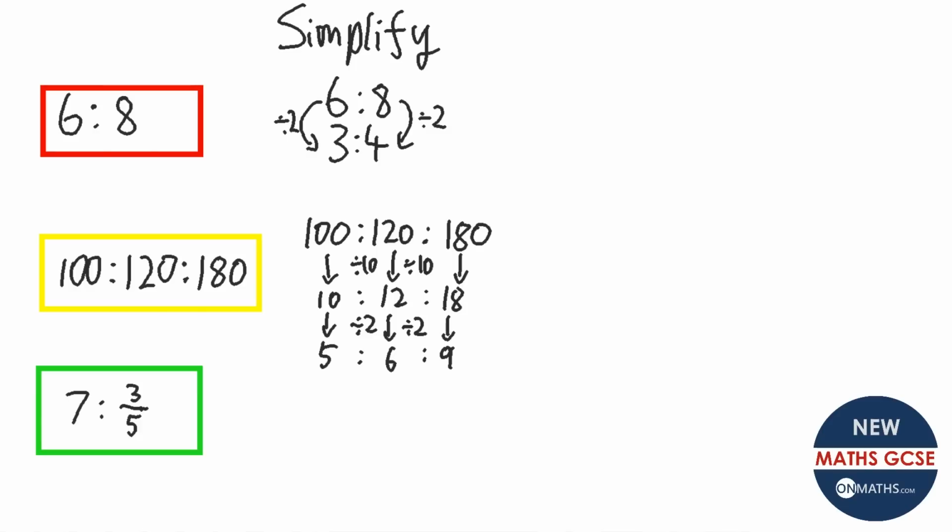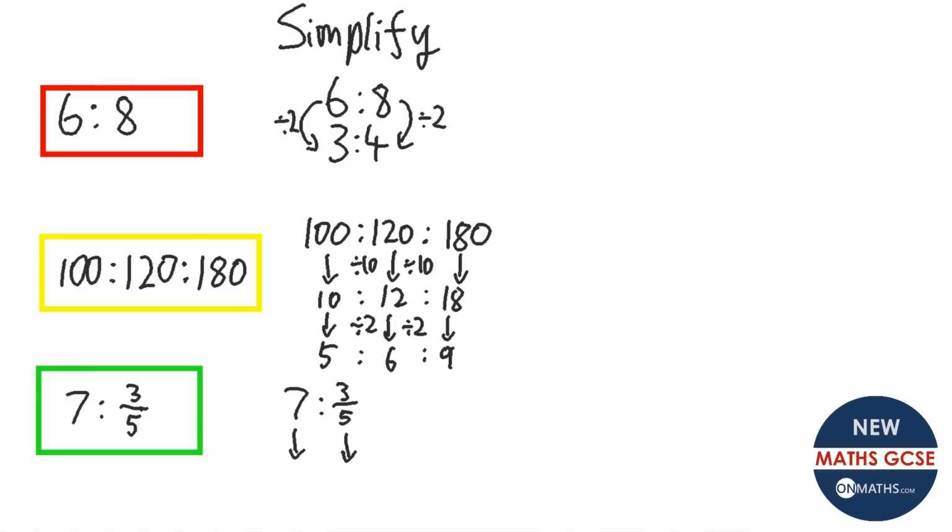Now the rules with ratios are the same as the rules with fractions. You can't have a decimal or a fraction within a ratio. So we've got 7 to 3/5, which breaks the rule. So what I'm going to have to do is get rid of that fraction. So that fraction is 3 over 5, or 3 divided by 5.